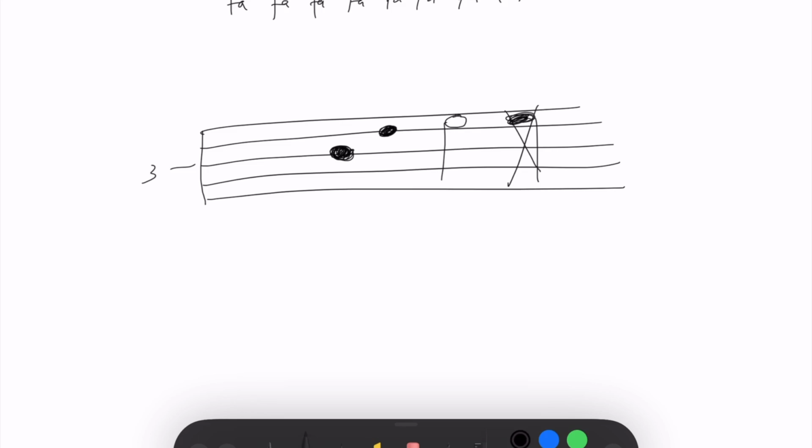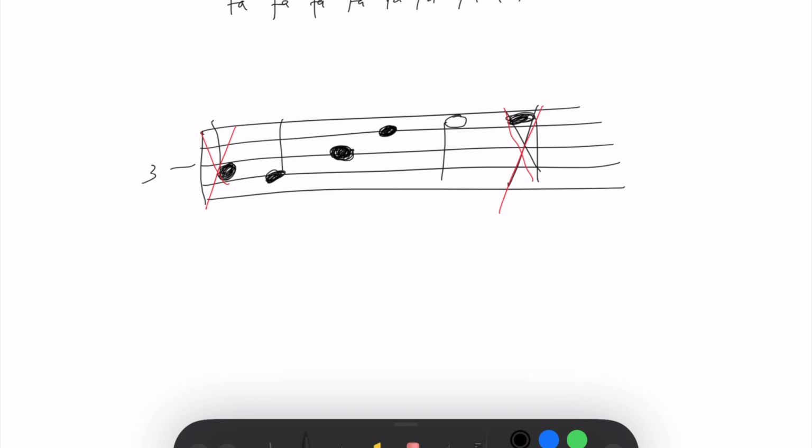And if your note is below the third line, like this, then your stem should be up and should be on the right, not on the left. So a note like this will be wrong, just as a note like that is wrong.